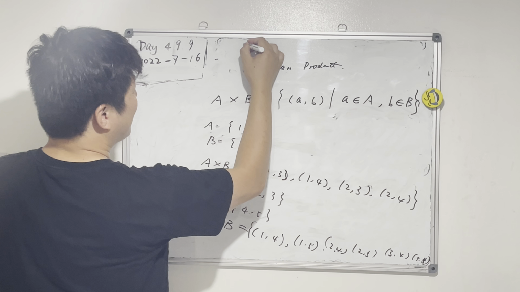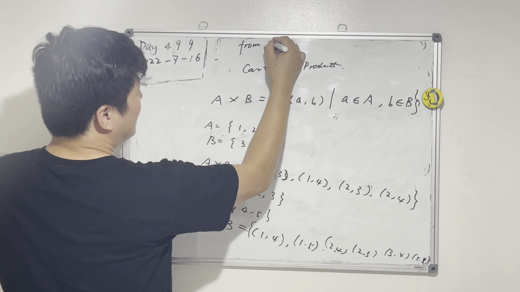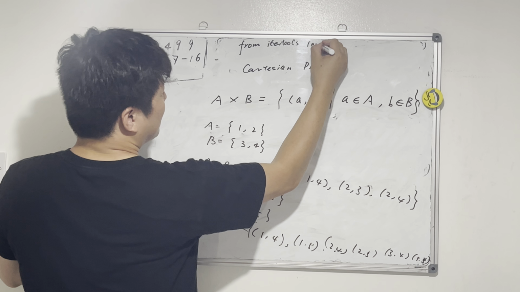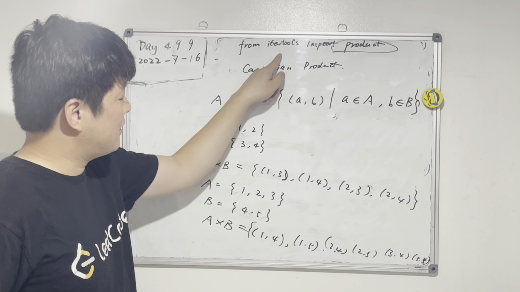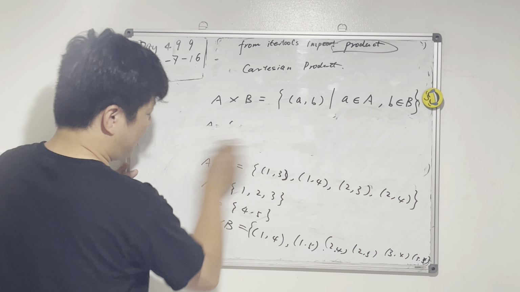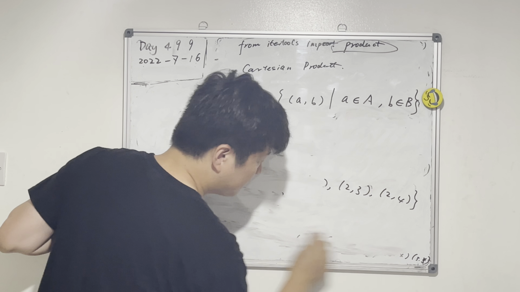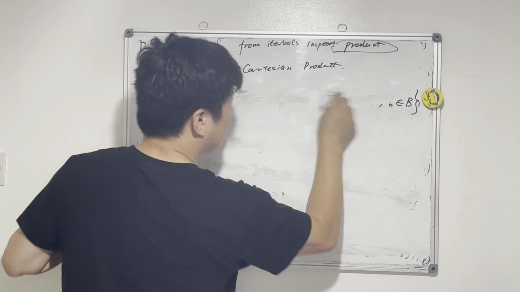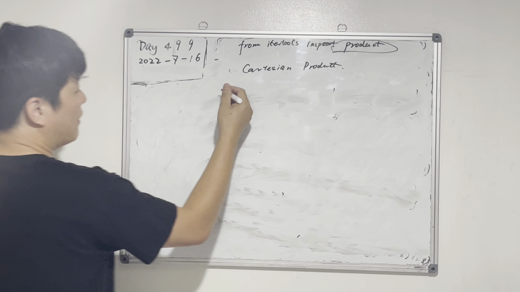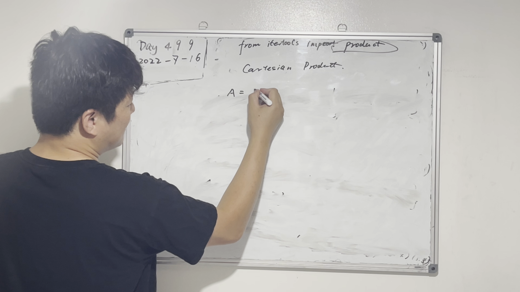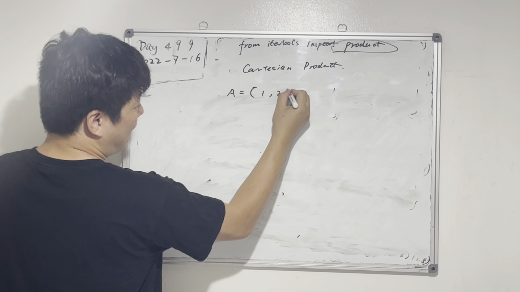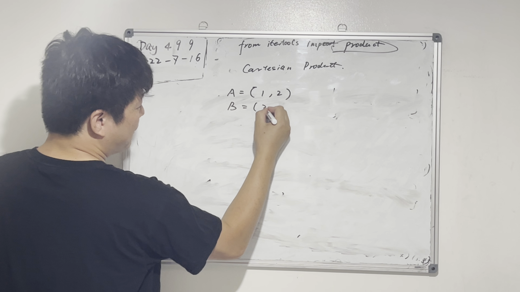In Python, we can from itertools import product. We use this product from itertools. So let's take a look at this example. So look, in Python, let's say A equals 1, 2, okay? B equals 3, 4.